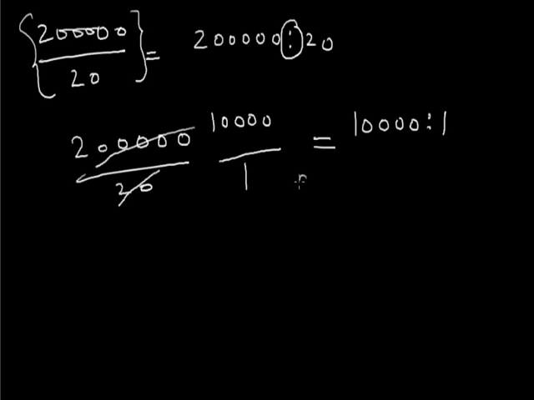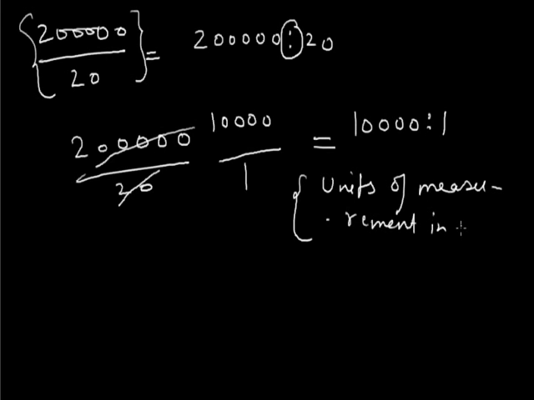These are units of measurement in meters. I think you are all clear with the concept of the second point: only two similar type of quantities, meaning they should have the same unit, can be compared using the concept of ratio.